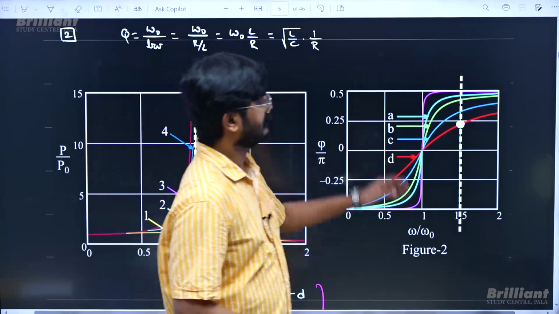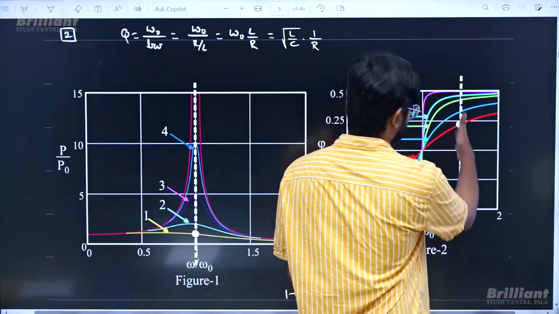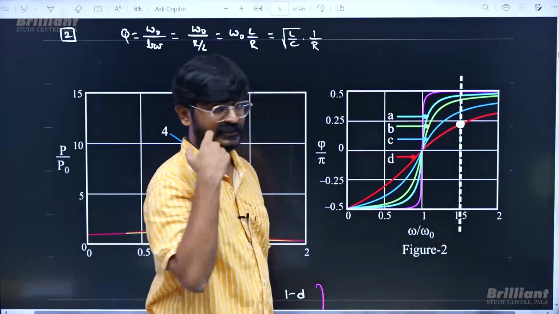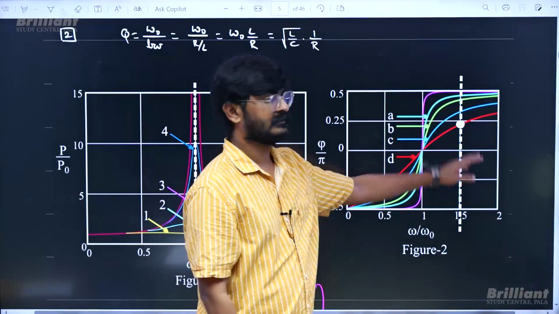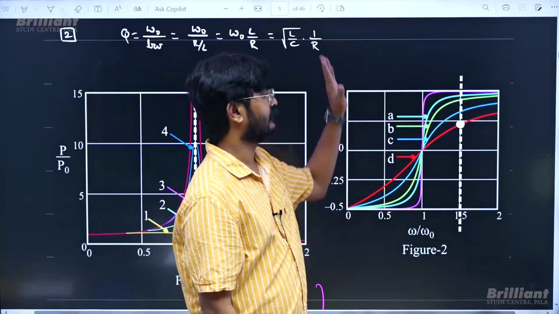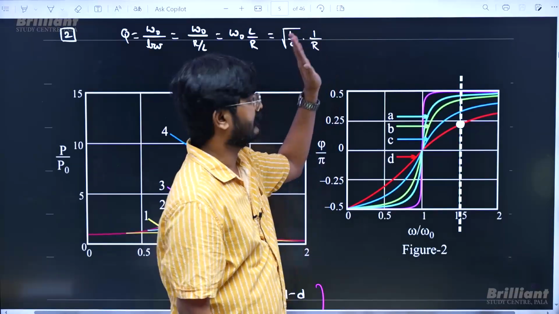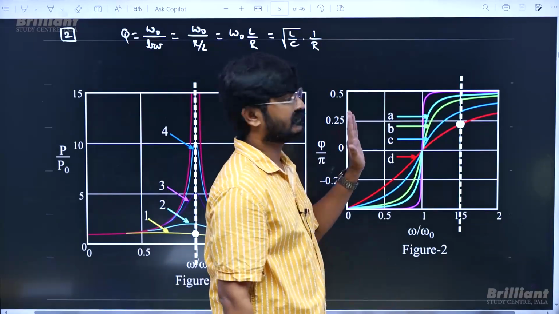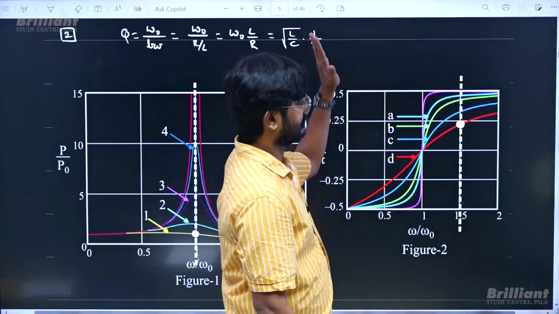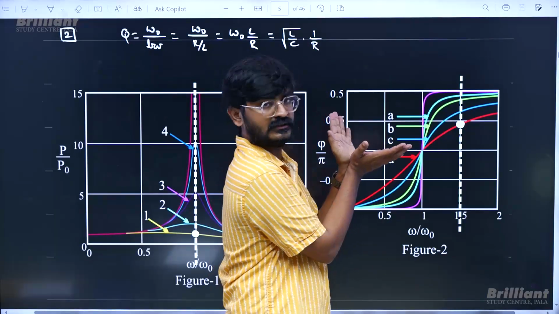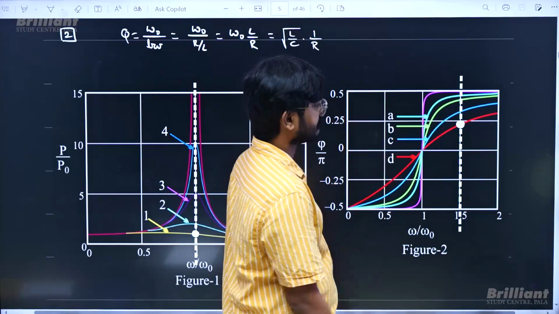Now similarly, if I talk about this particular situation where inductive reactance will be dominating. So if I draw the phasor, inductive reactance will be dominating. I into XL will be dominating, I into XC will be less. So net voltage will be in this direction and voltage along the resistor will be in this direction.